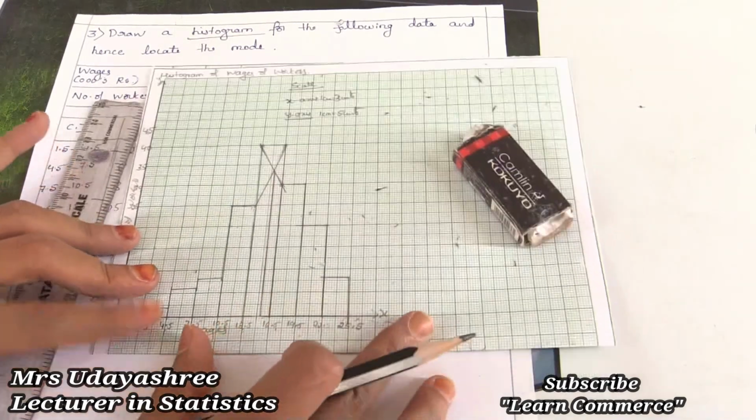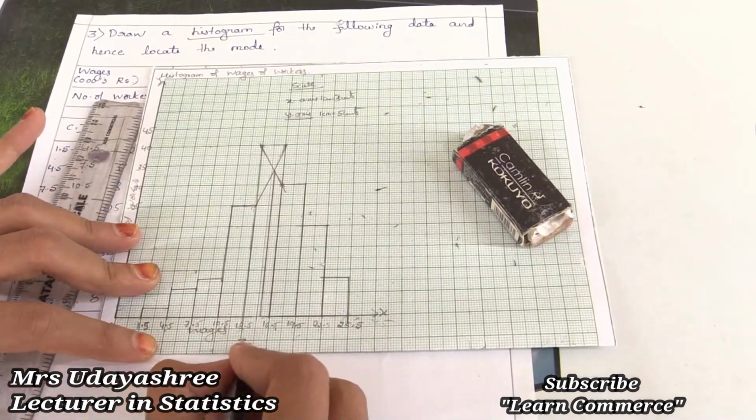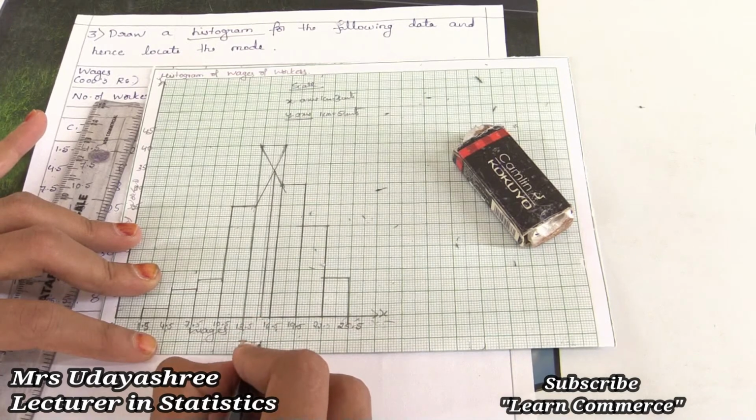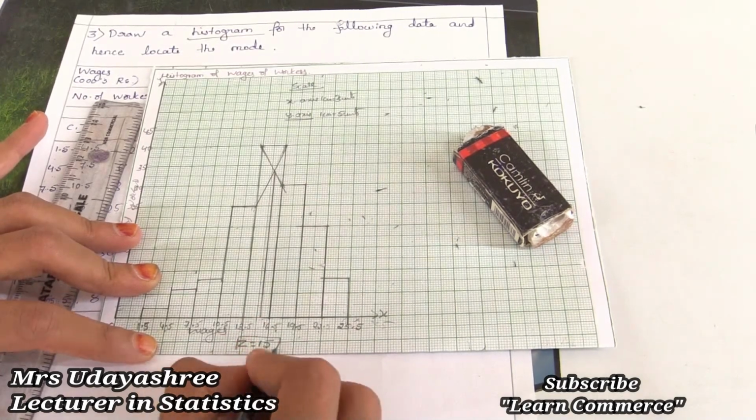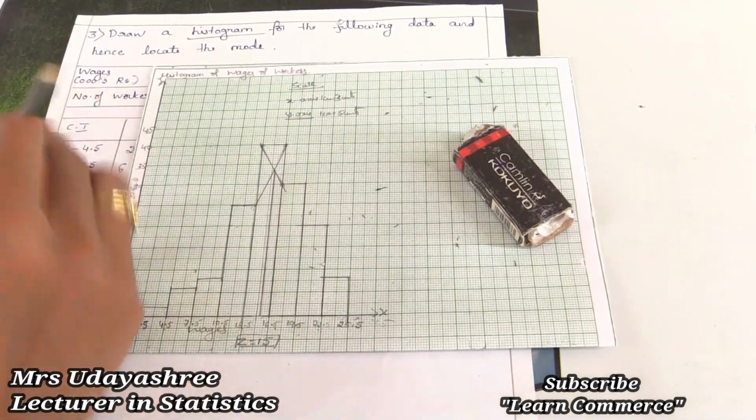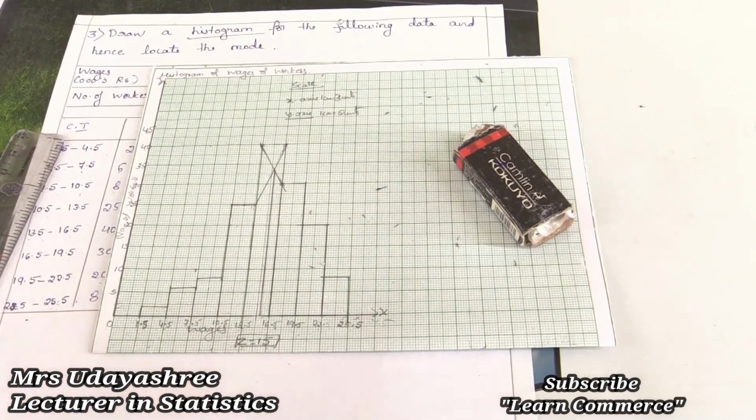So here the mode is 15. The mode is denoted by Z, so the mode value is 15. Here wages are in 1000 rupees, therefore 15 means 15,000. This is how to convert an inclusive class interval into an exclusive class interval while constructing a histogram.